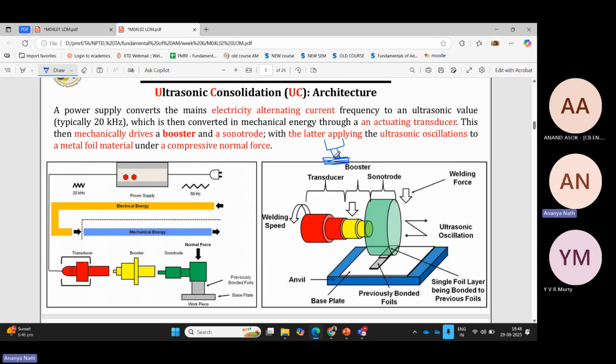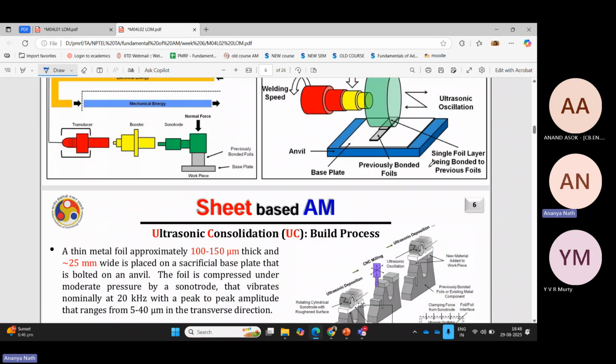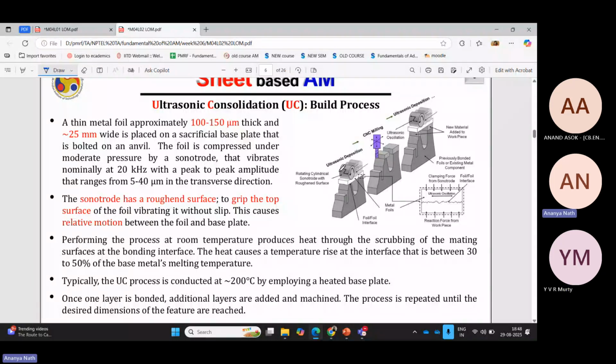At that speed, you are putting the pressure onto your metal so that a lot of heat is generated. This is the mechanical arrangement, how this oscillation is generated and how this high force and pulses are coming. This is the way the roller will move and rotate onto the part so that these two portions can be joined.